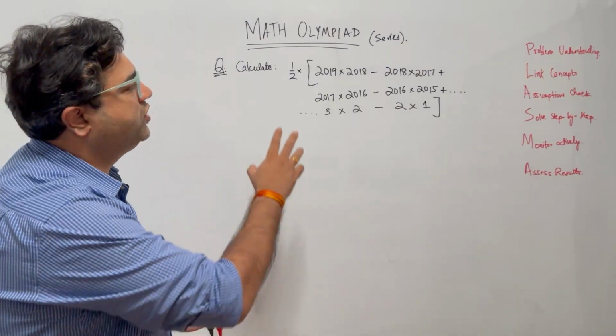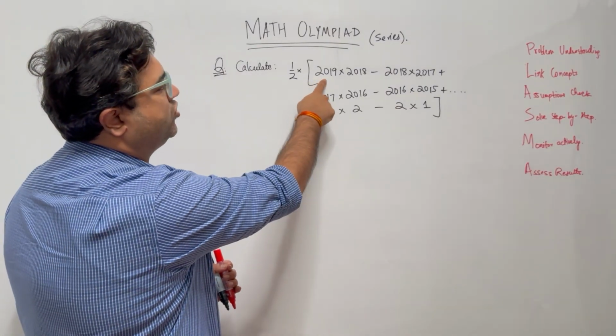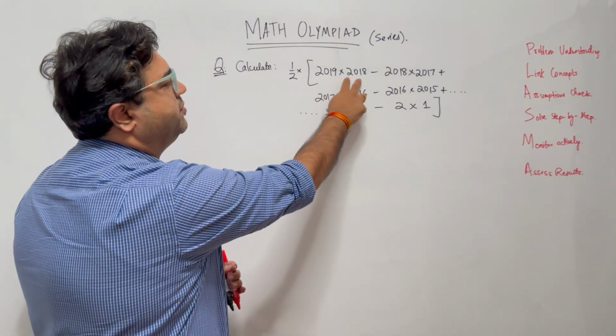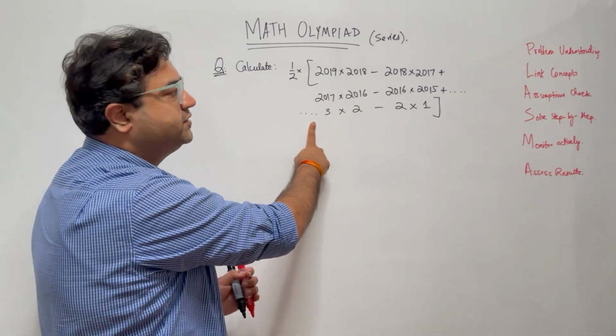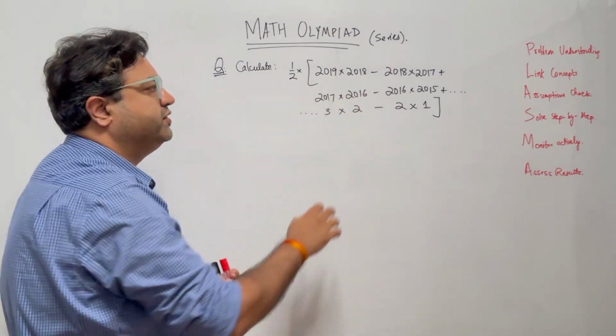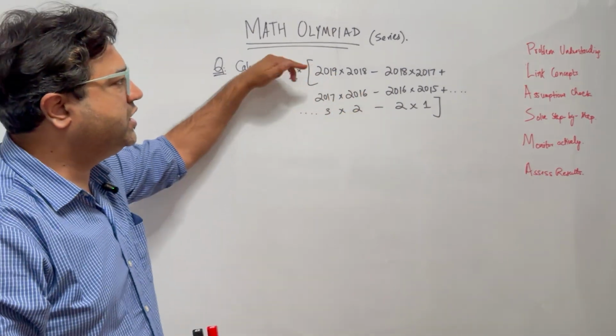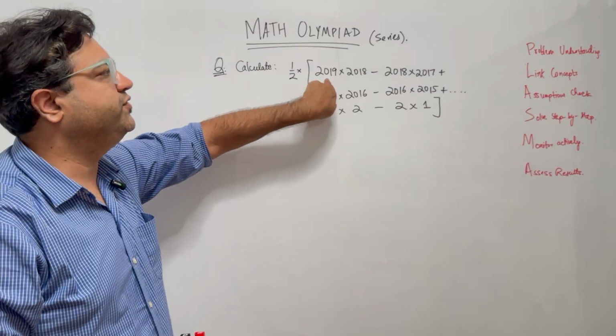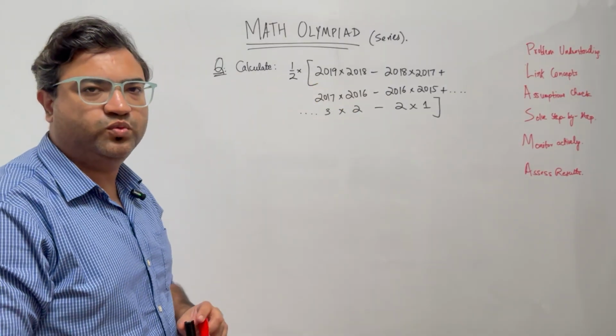So what we are looking at here is all the odd multiplied by even is all pluses, and the even multiplied by odd is all negatives. Okay, so far that's what we understand here. So this is how the series has come, all the way from 2019 to 2 into 1.